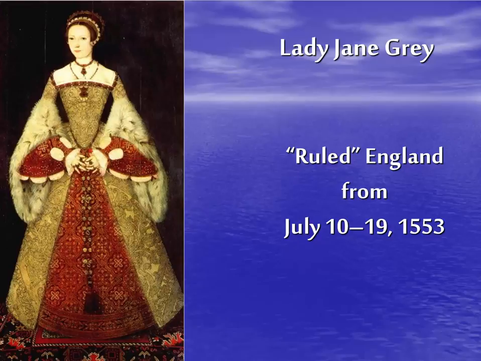Now, Lady Jane Grey, which I learned from Natalia and her family tree of the Tudors and Stuarts that she made, so thank you very much, is a cousin of Mary and Elizabeth through their father Henry's sister Mary and her second husband. So some people believe that Lady Jane Grey should rule England.